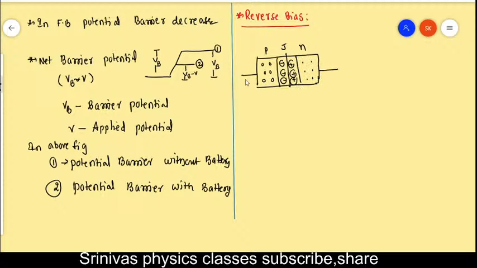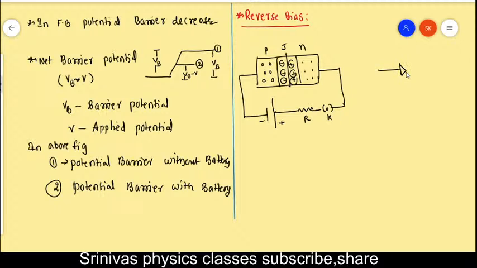What you have to do here? This is the PN junction diode. Now you connect the P region to the negative terminal of the battery, and the N region to the positive terminal of the battery through a resistance. Now this is said to be reverse bias. Very simple it is.